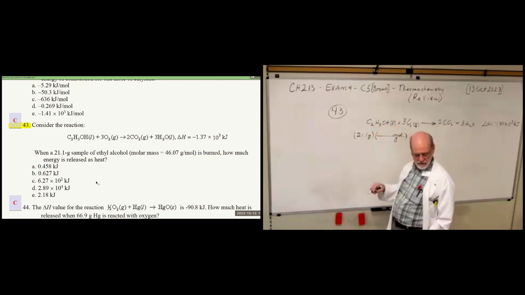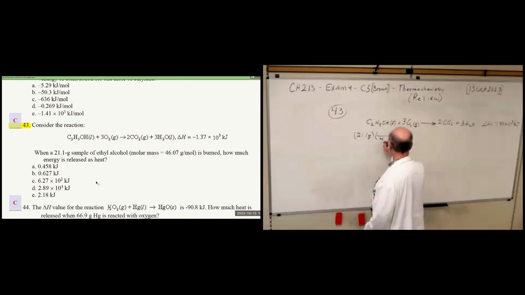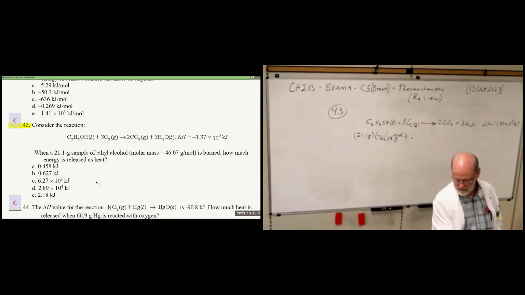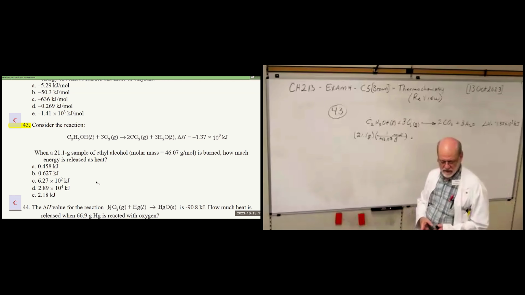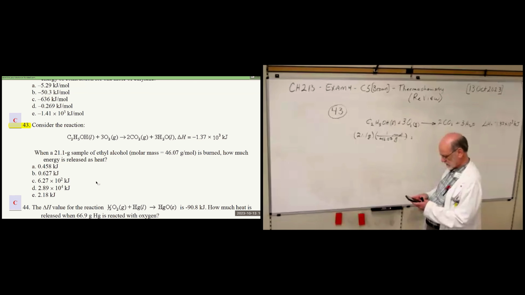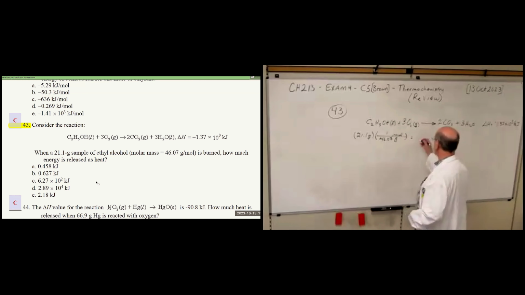Does it tell us? 46.07 grams per mole. So that's going to be a little less than 0.5. It's 0.4 something, 0.458.